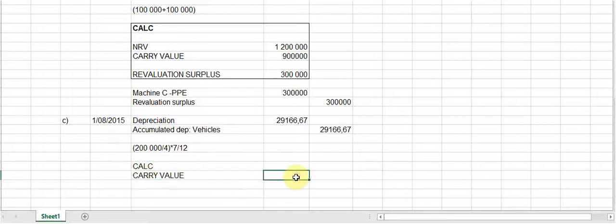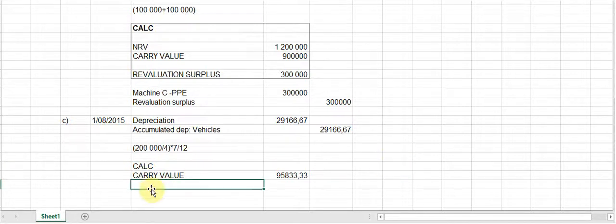The carry value will be the cost of 200,000 minus the accumulated depreciation at the beginning of the year, 75,000, minus the depreciation that we just calculated in the current entry, which means the carry value of the asset was 95,833 Rand and 33 cents.